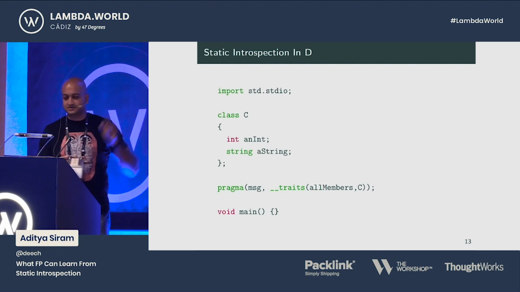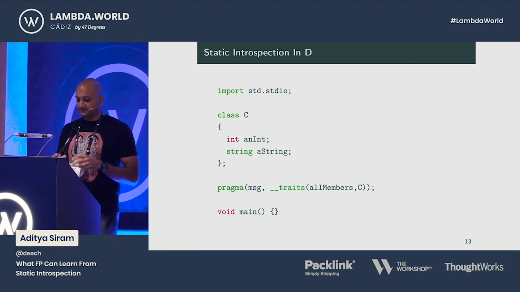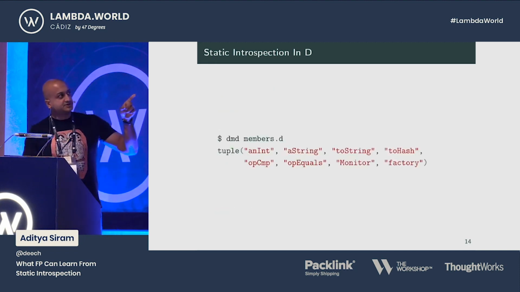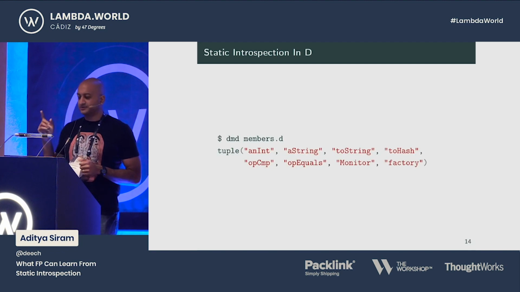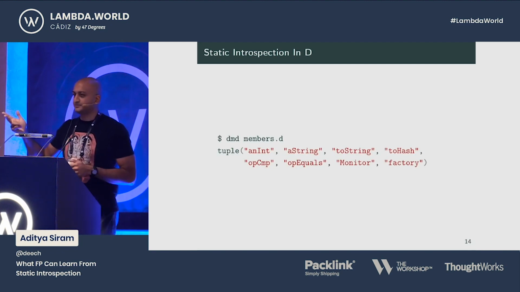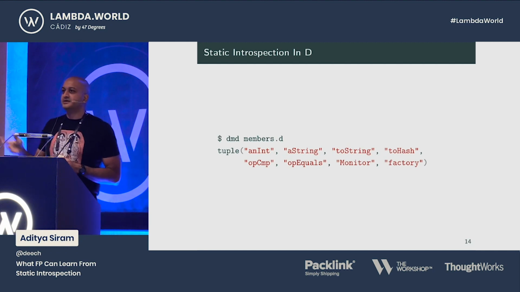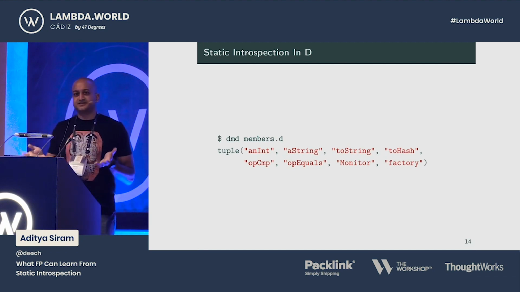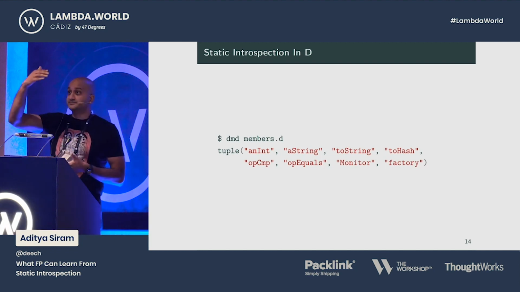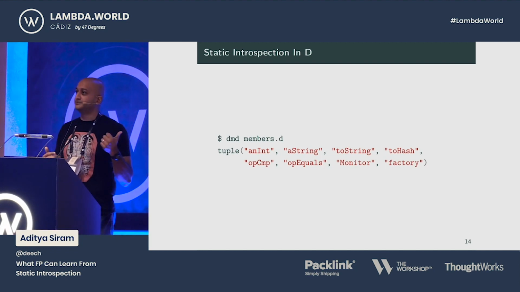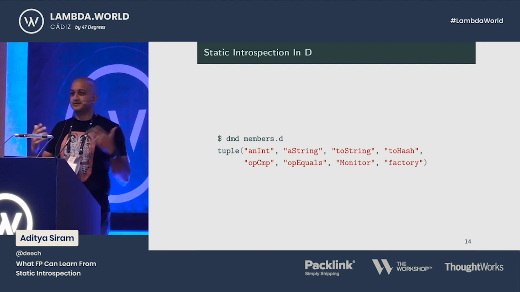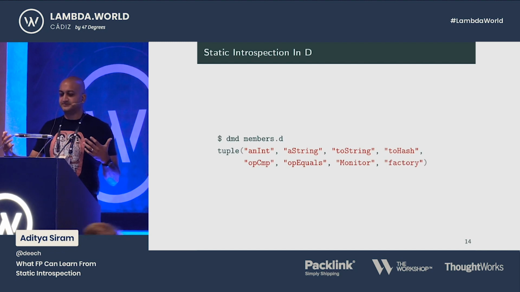When I change the struct to a class C with the same fields and get the same members on it, it's printing out not just an int and a string, it's also printing out toString, toHash, a comparison operator, an equals operator, and a couple of other things. So this is actually doing some kind of semantic analysis. When you create a class, it inherits all of these members, and it's printing that out for you. So this is just to convince you that it's not doing something ad hoc with the AST itself.